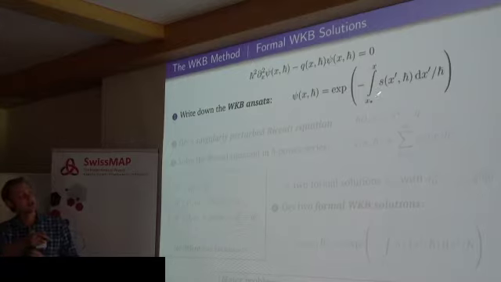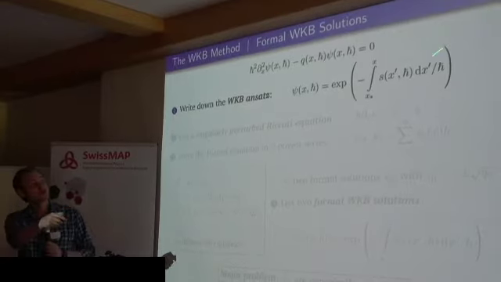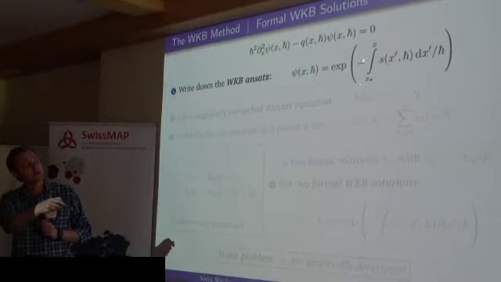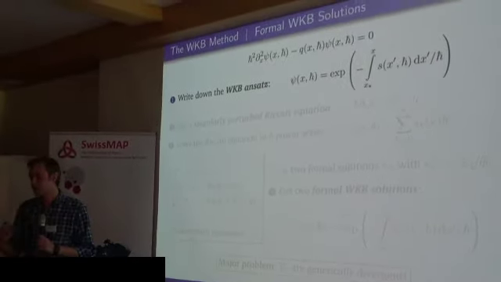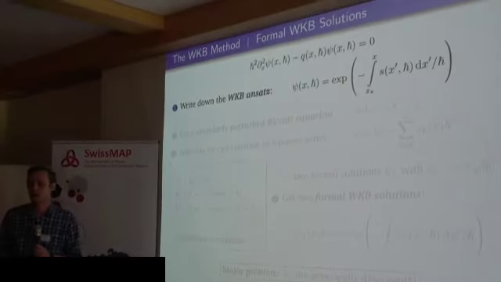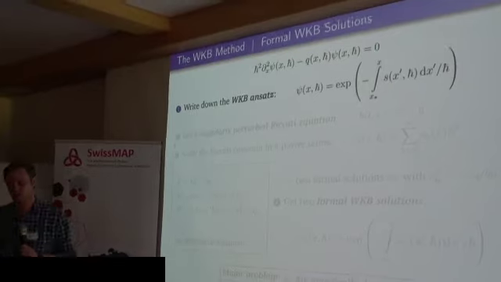So I'm going to try to write down conditions on this test function S such that this exponential expression is going to satisfy the Schrödinger equation. And crucially, the fact that the dependence on h bar in the exponent is 1 over h bar, that's somehow the key feature of the WKB ansatz. I'll also put a little minus here just to make some of the signs work out better.